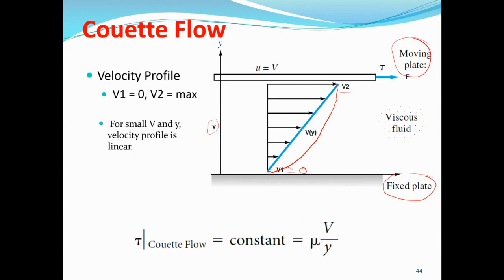Couette flow is different from Newtonian: in a Newtonian fluid, we said the viscosity is constant, while in Couette flow, we said the shear stress is constant. If the shear stress is constant, then we don't need to use a derivative in this case, because it means mu is just v over y, the velocity over the depth.